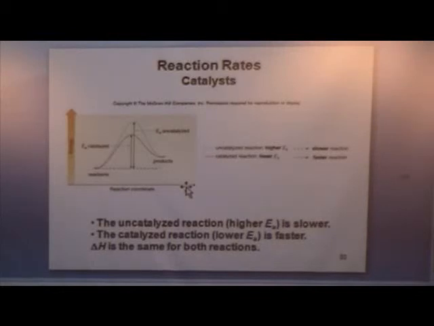Adding the catalyst finds a quicker way to get to the product. In other words, it lowers the barrier. Instead of going from here to here to get to the product, what's better? From here to here. A shortcut saves time. A catalyst does that. Okay?